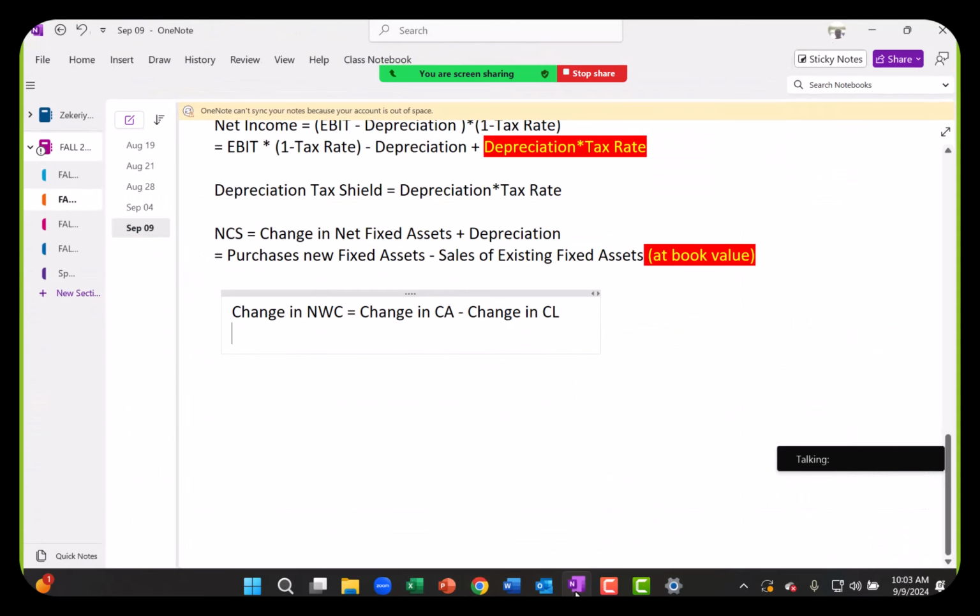All right. An alternative way to define CFFA, this is the uses of cash flow definition, is equal to cash flow to shareholders, CFTS, plus cash flow to creditors.